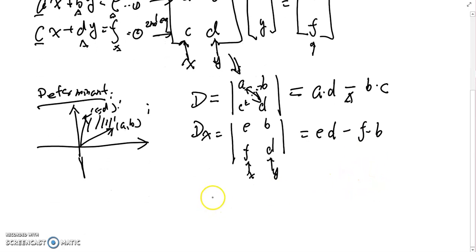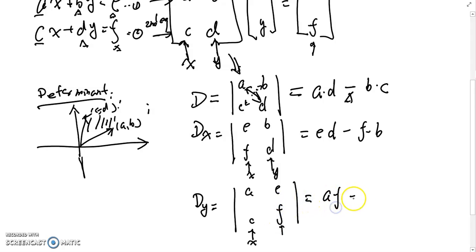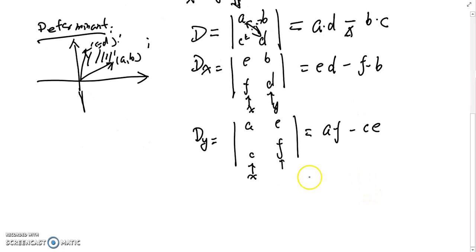And Dy: the x column a and c stays, and the coefficients of y are replaced by e and f, so it becomes af minus ce. Then x equals Dx over D, and y equals Dy over D.